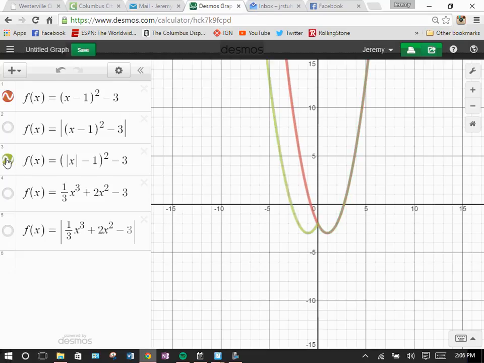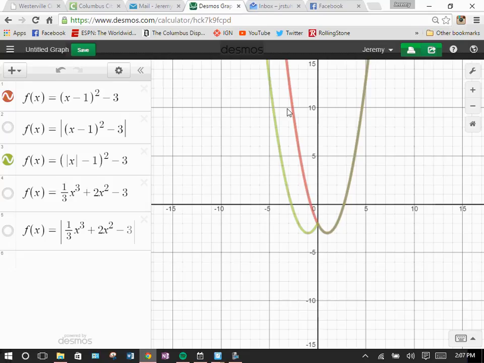So you put this function up here. And what you notice is that the entire function looks like this. And what you should notice is that the entire side of the green function is the exact same as everything in the red function on the right side of the x-axis.